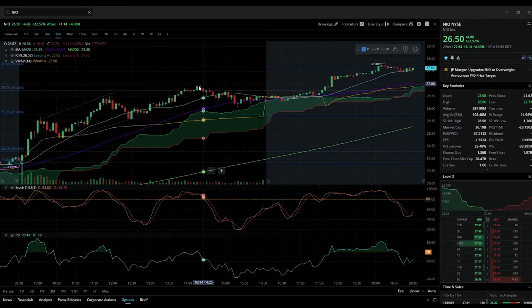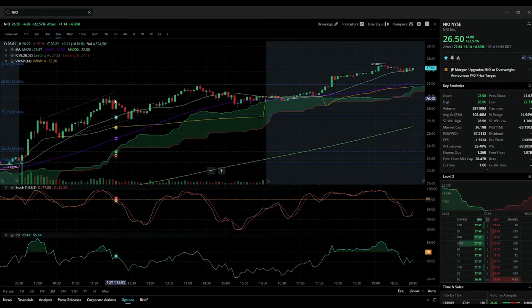When I was watching this, oops, how do I control? Oh, that's a rip. But when I was watching this on the fib, once again we saw a break above at this level. We saw a break above from the previous level right here, the resistance.